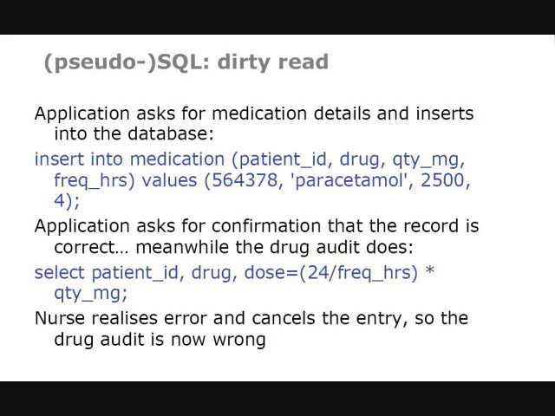So we select patient ID, drug dose, equal to 24 divided by frequency hours times the quantity of the drug, and then the nurse realizes the error in the first, aborts that transaction, but the second has already operated on an incorrect value. It has done what we call a dirty read, so it has inconsistent data. So that is going to be also a problem.